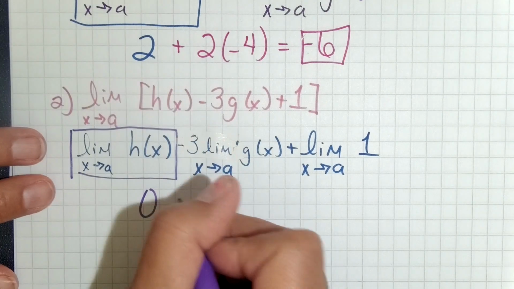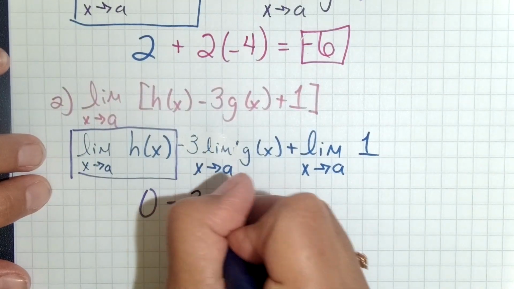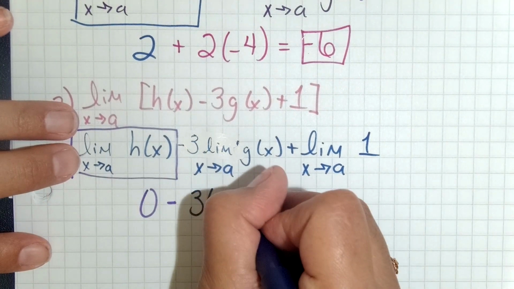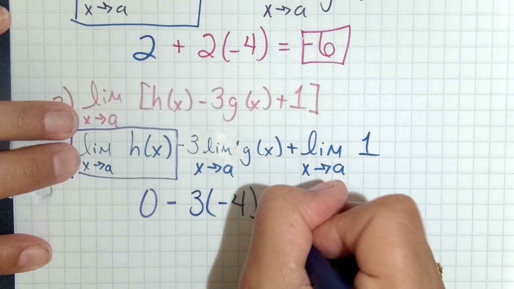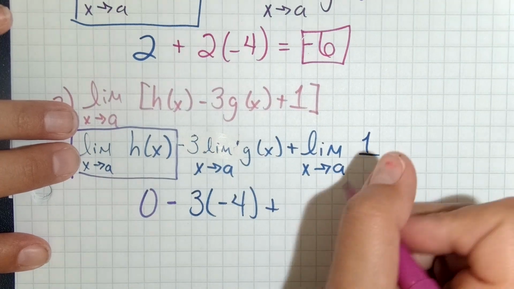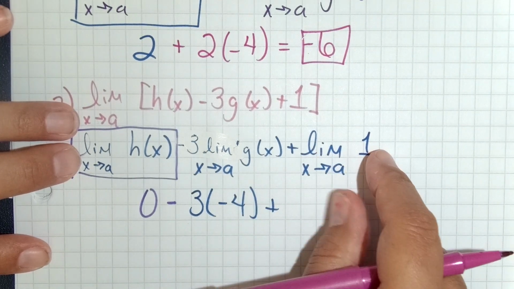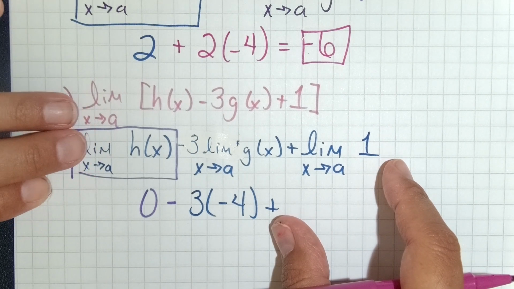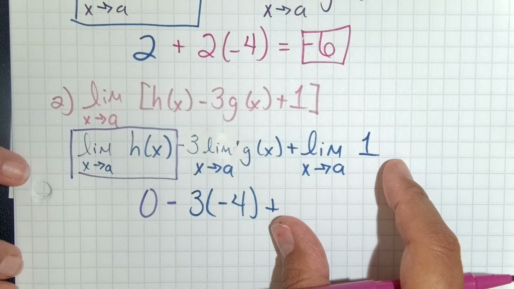0 minus, what is the limit of g of x? -4, plus, what is the limit as x approaches a of 1? Look at level 1 if you're confused.